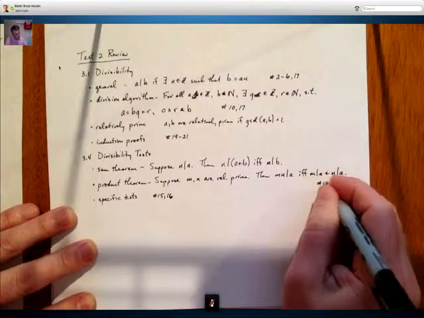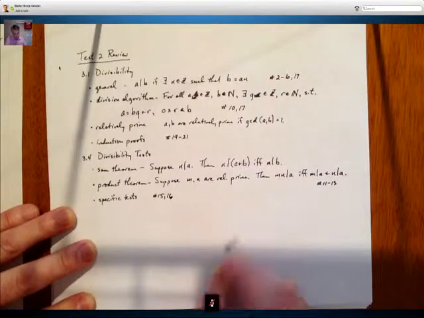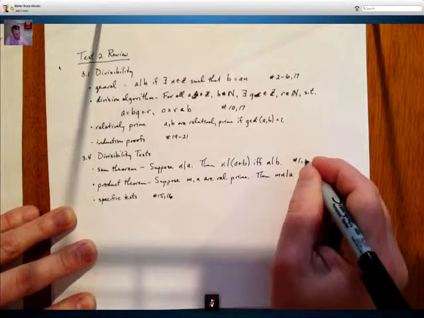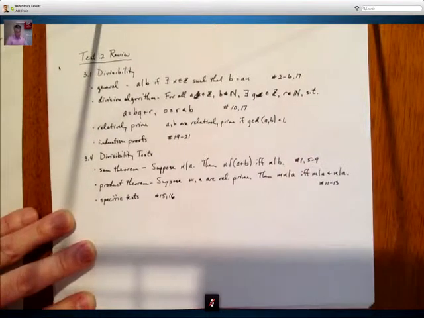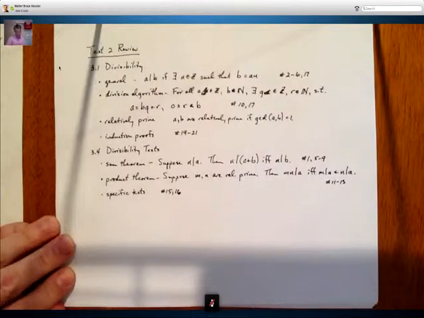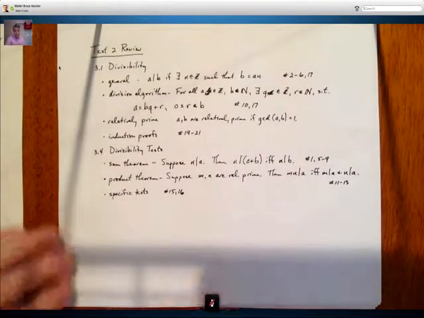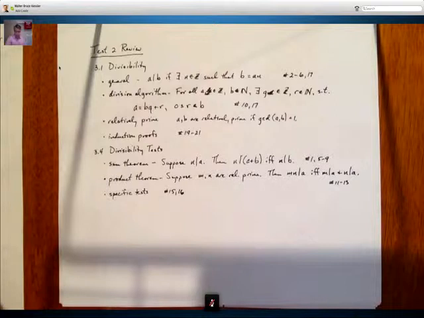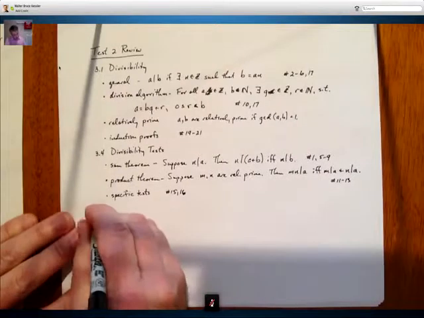Product theorem we used in numbers 11 through 13, and sum theorem we used in problem 1 and problems 5 through 9. Okay. So 2 or 3 problems out of that divisibility section.